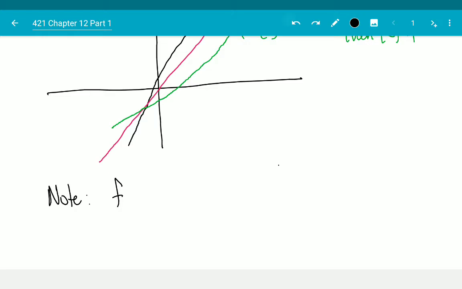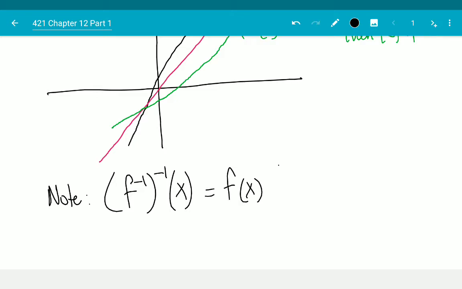I wanted to say f inverse inverse of x is just f of x, right? Which is to say that f inverse inverse is equal to f.